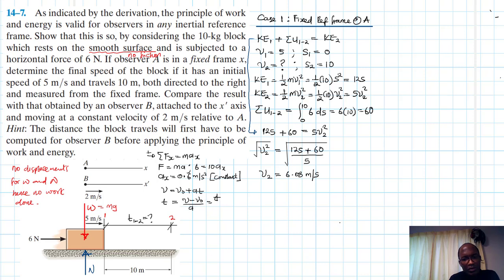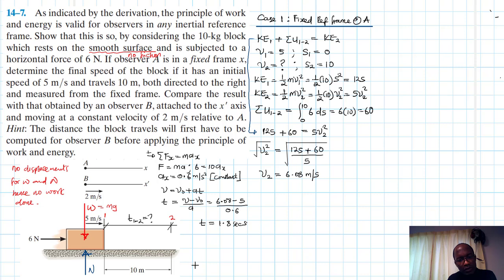This is equal to 6.08 minus our initial velocity, which is 5, divided by the acceleration. Therefore t is just going to be equal to (6.08 minus 5) divided by 0.6, and here we get 1.8 seconds, right?